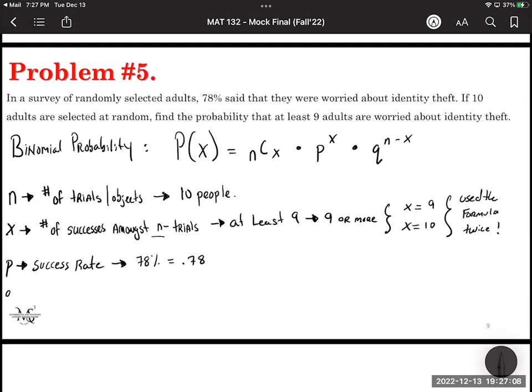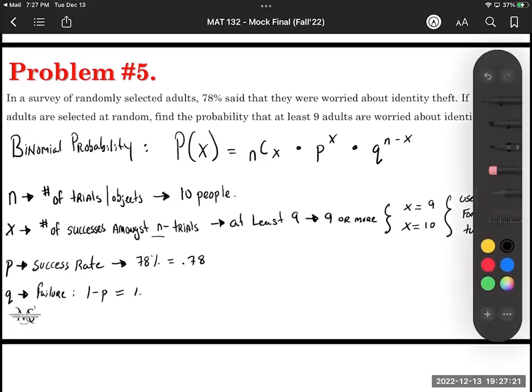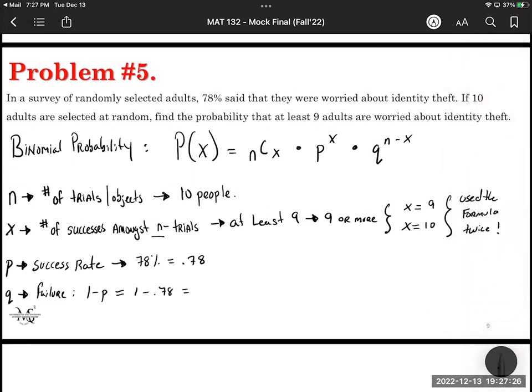And now, what is q? Isn't that the failure? So it's 1 minus p. If p is 0.78, you do 1 minus 0.78, which is 0.22.